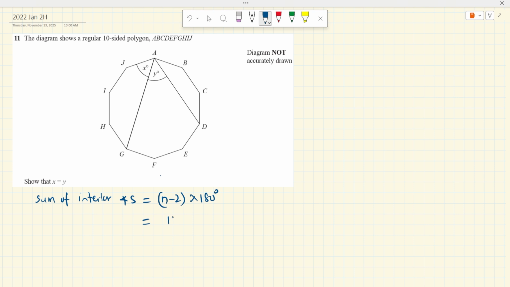Here n is 10 sides. 10 minus 2 times 180. 10 minus 2 is 8. 8 times 180, that is 1440. So 1 interior angle equals 1440 divided by 10, that is 144. I need to find x, so I'm going to draw this pentagon separately.